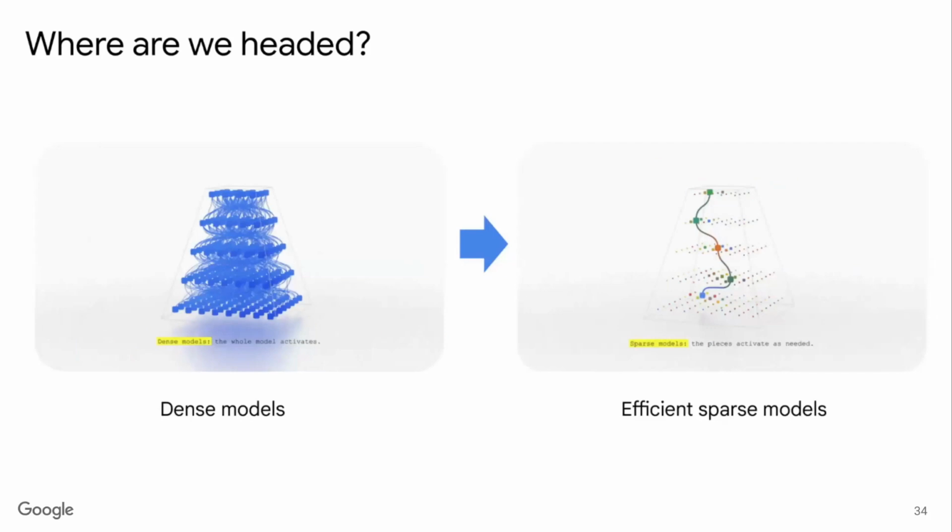The second thing is sparse models. So dense models is your standard multi-layer perceptron. Every layer is fully connected and connects to the next layer. Sparse models do all kinds of different things. They can be applying sparsity in the sense of not all of the tensors are full.